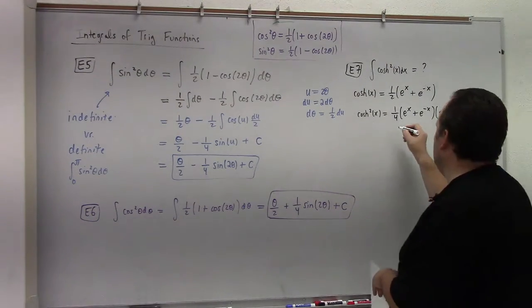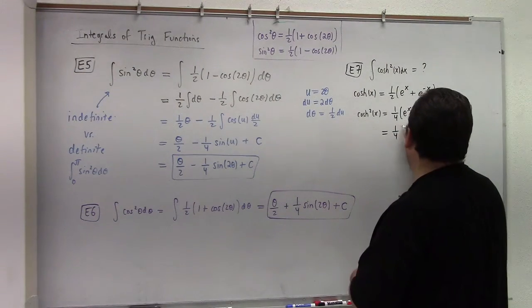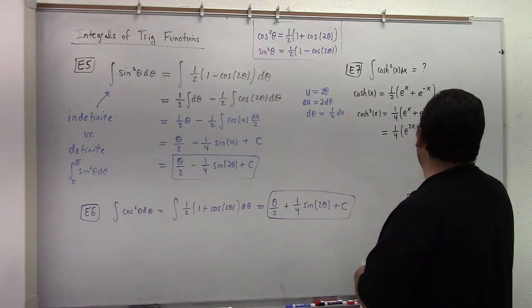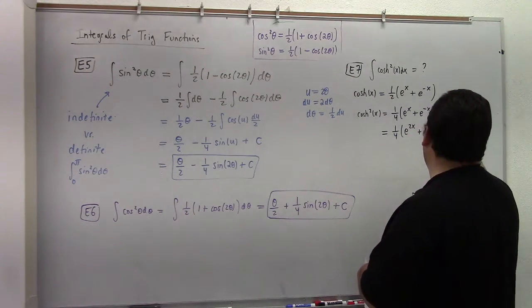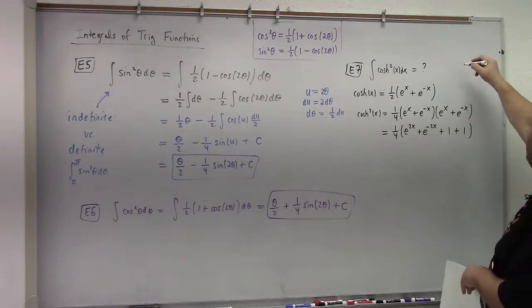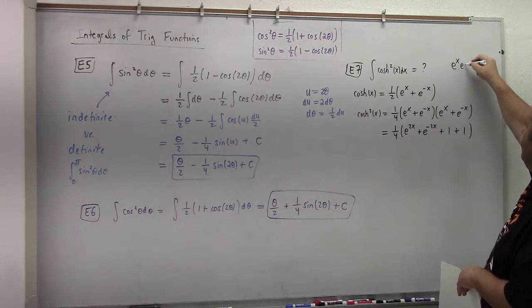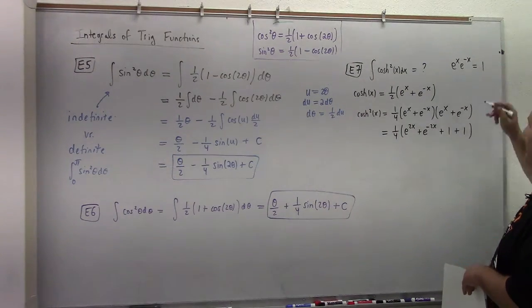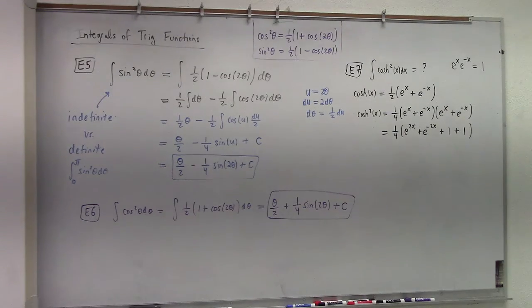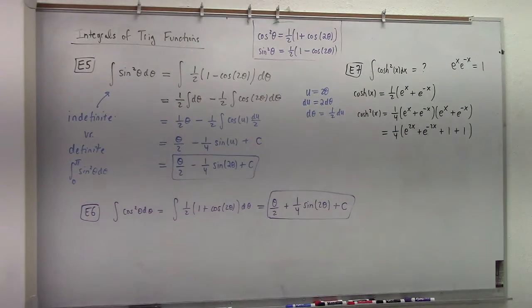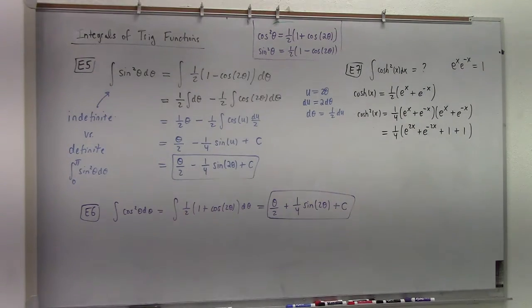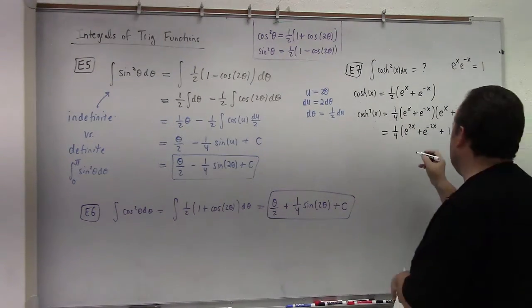You get 1/4 of e to the 2x plus e to the minus 2x plus 1 plus 1. See, e to the x times e to the minus x is equal to 1 is the thing I'm using, yeah? Those are reciprocal. So, oh, hey, look at that.